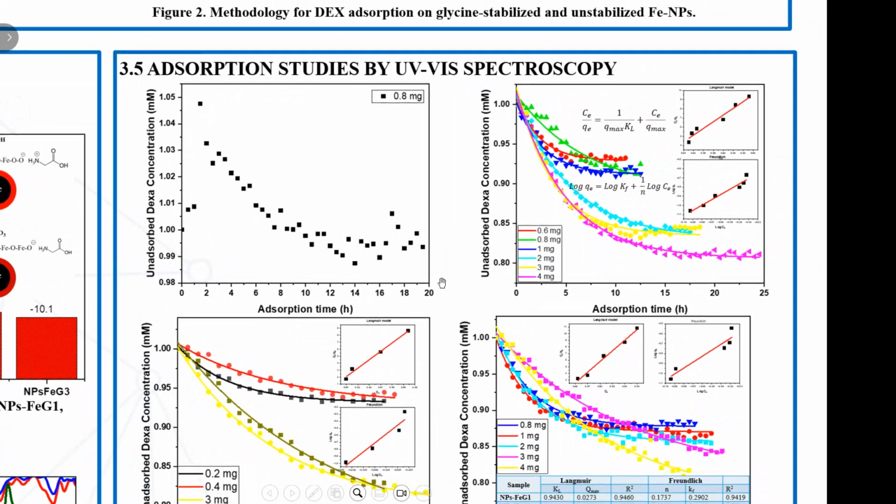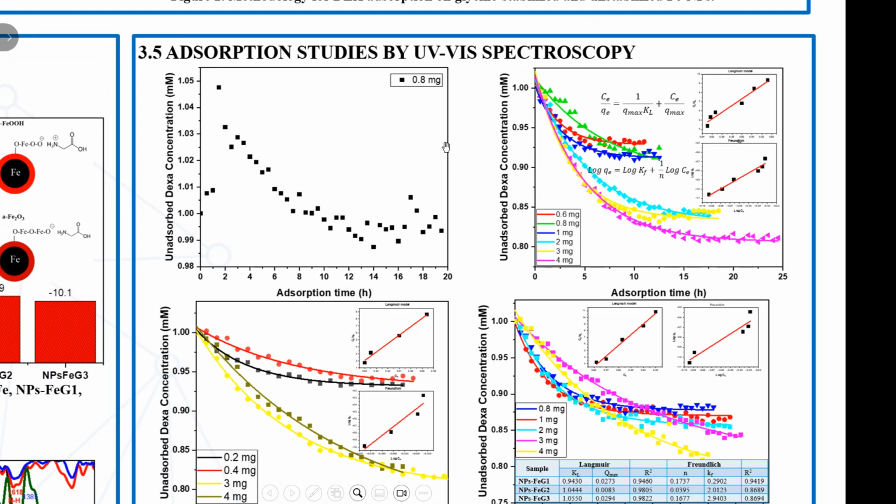And now for the absorption studies by UV spectroscopy. The graph of dexamethasone not absorbed on the unstabilized iron nanoparticles shows that the dexamethasone was not absorbed on the surface of these nanoparticles.